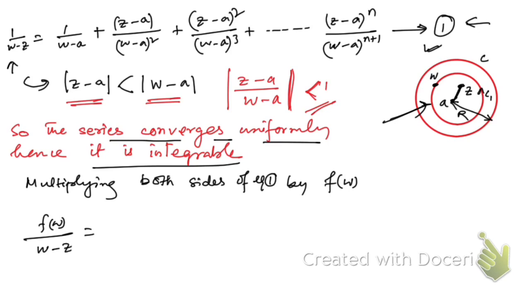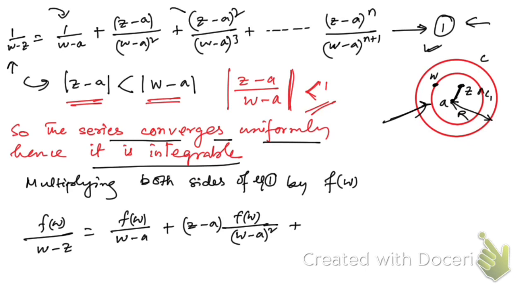On the right hand side, if you multiply here, then what you're gonna have? f of w by w minus a, right? And similarly, you're gonna have z minus a into f of w by w minus a whole square.